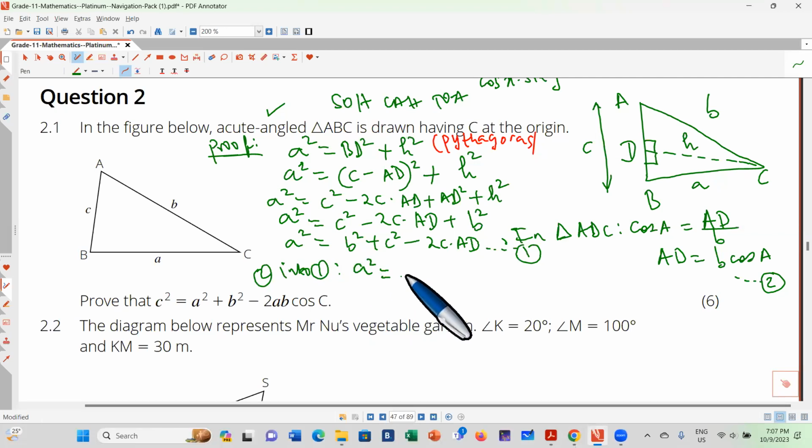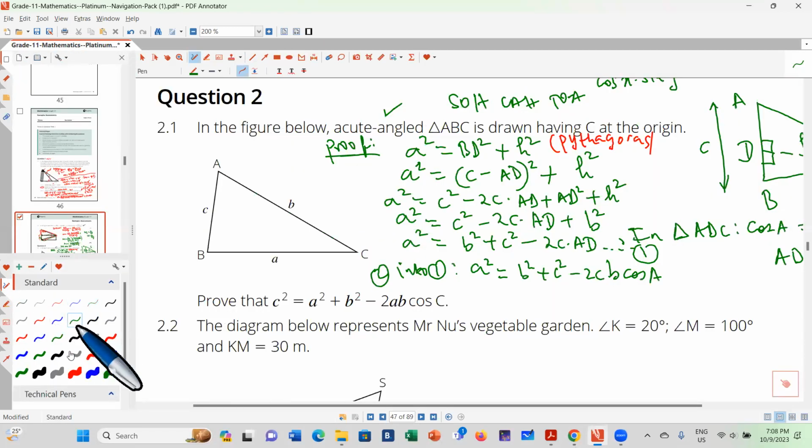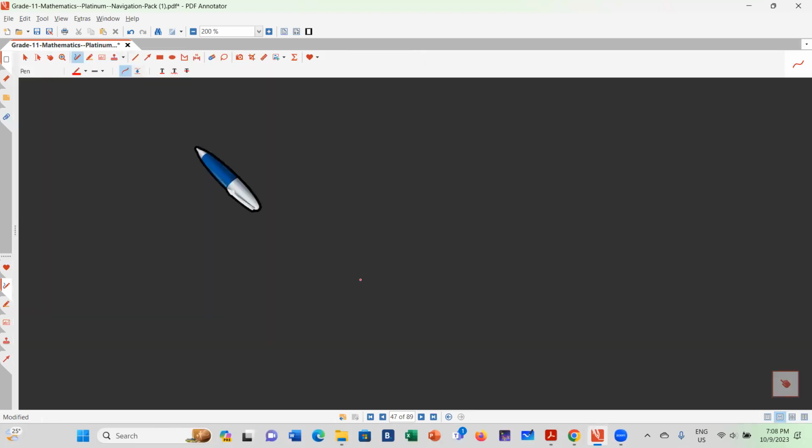Which means it's a squared, b squared plus that minus 2c. What is AD? It is b cosine A. What is this?